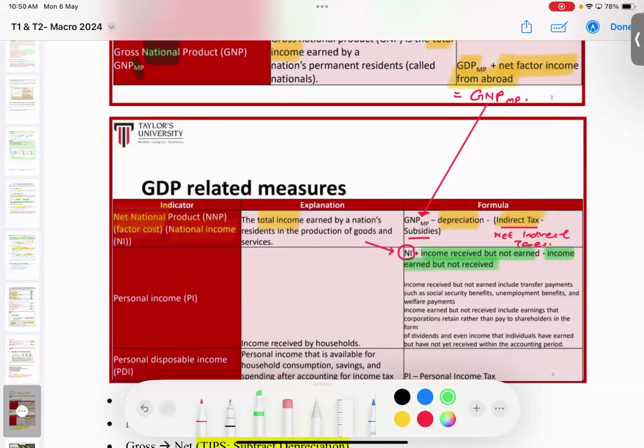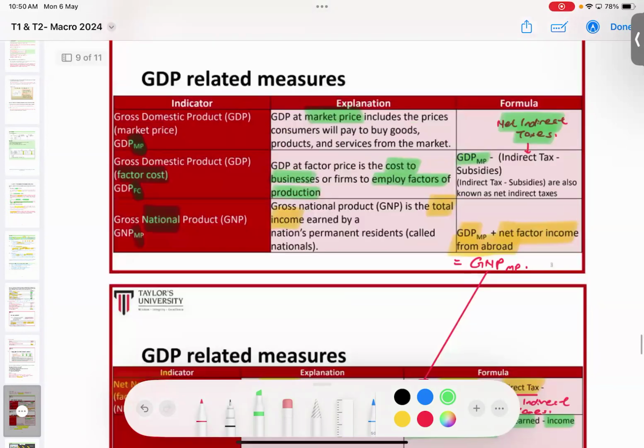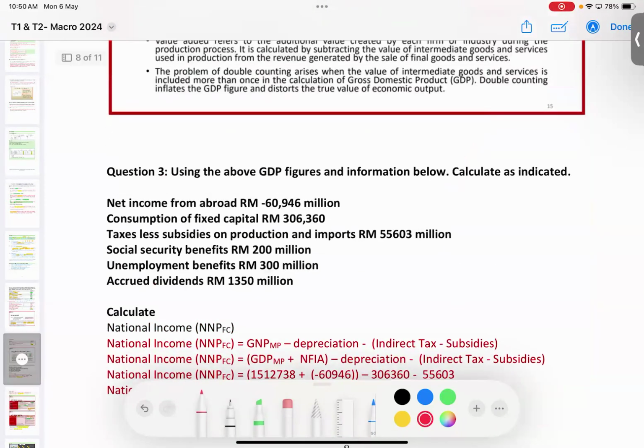Now, just now we say this one, accrued dividends means dividends that have been declared but not yet received.